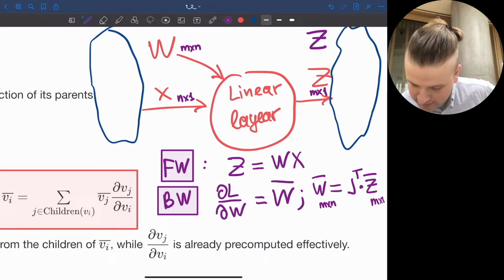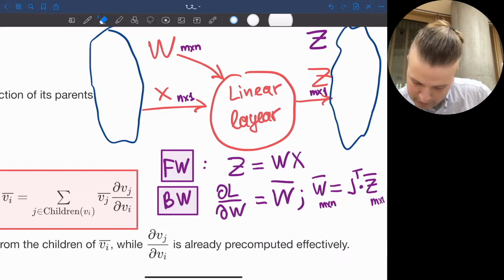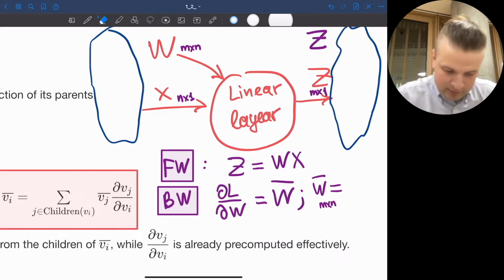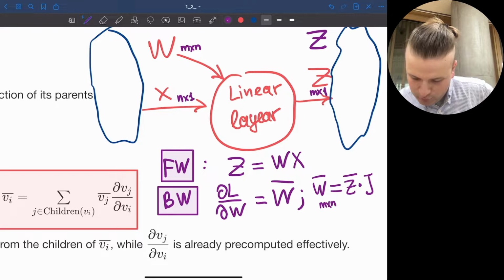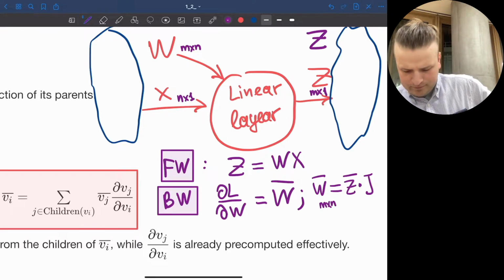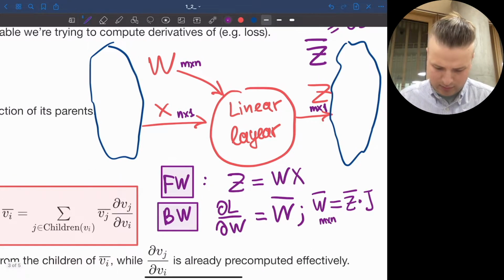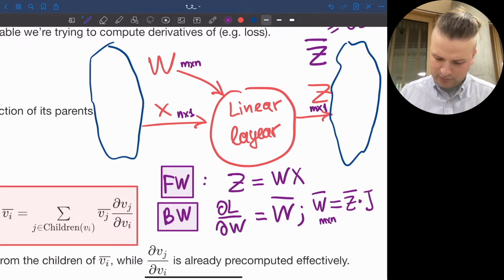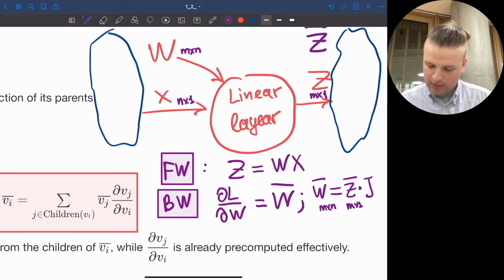Let's write it here. That multiplied by a Jacobian, and yeah, that's it. Am I right? M times n, right? Yes. M times 1. Okay.